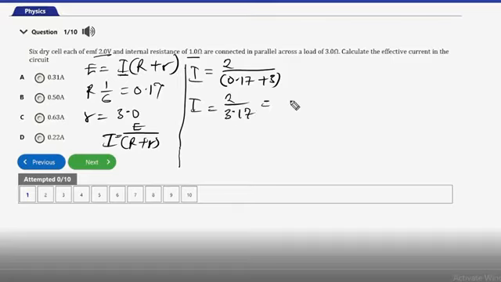And that's 0.63 amps. So that's option C here, guys, 0.63 amps. So that's the answer to this question.